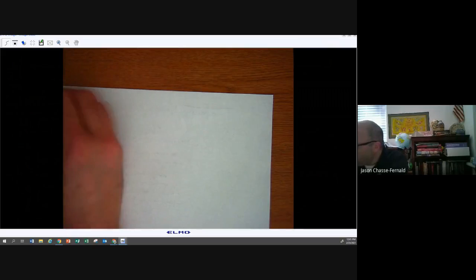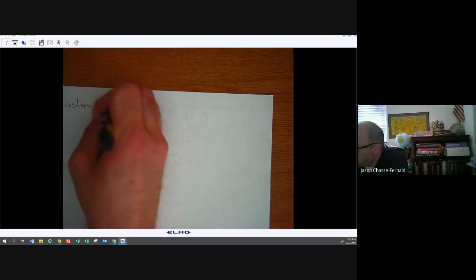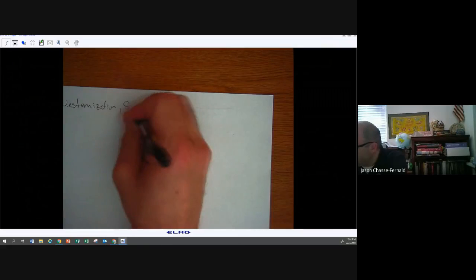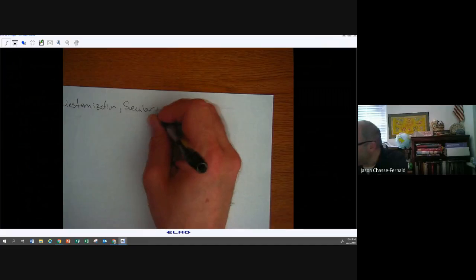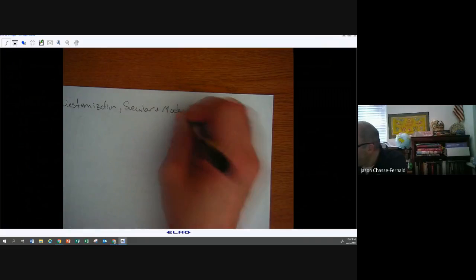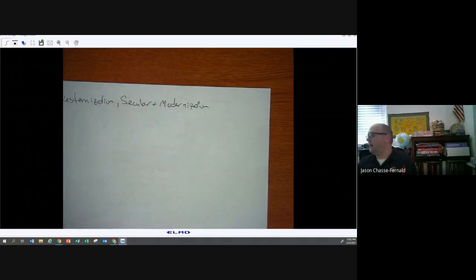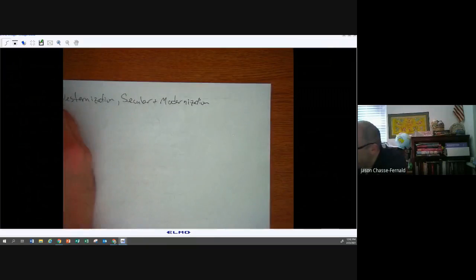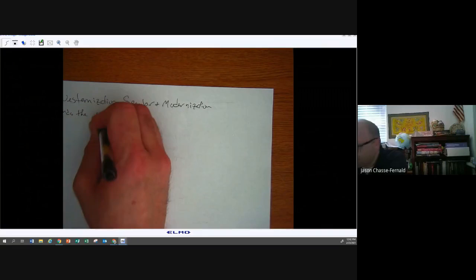Really what we're talking about here is westernization, secular, non-religious, and modernization. And there are a lot of them. So let's start off by saying 1924 ends the caliphate.